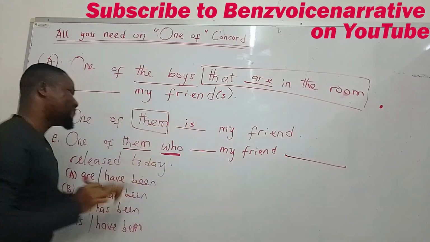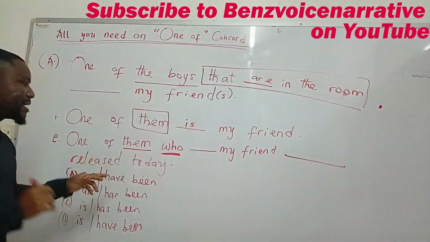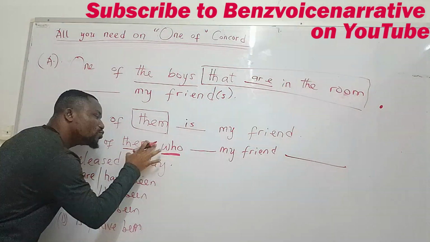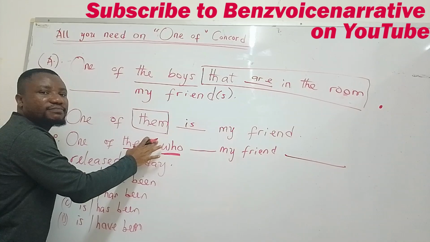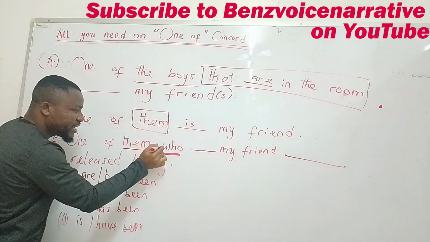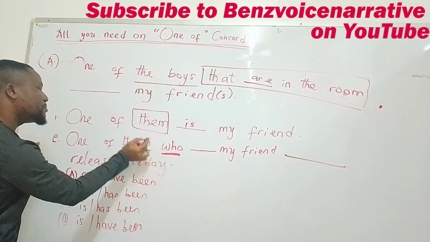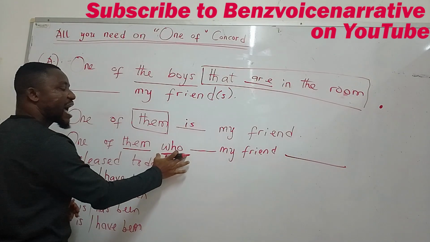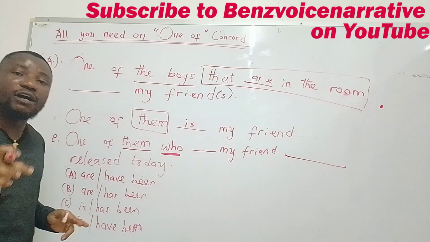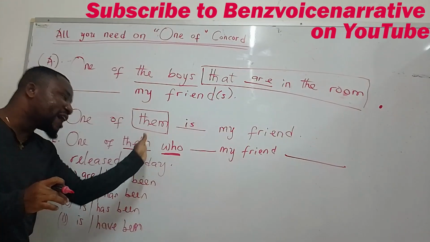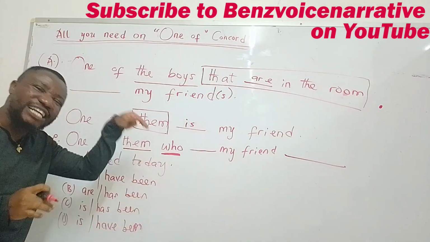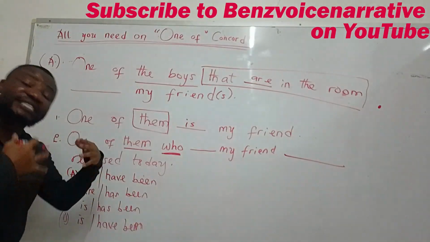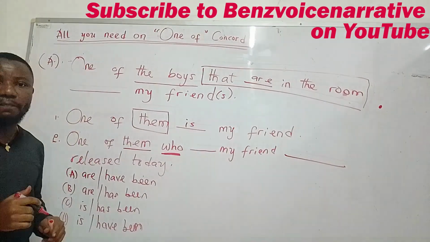One of them who, my friend. This who, for this very structure, has nothing to do with this them. This who is coming back to one. Why? The reason is you cannot have a relative pronoun describing a pronoun in the objective case. It's impossible.